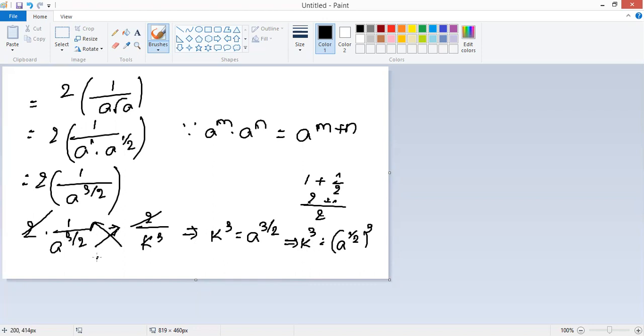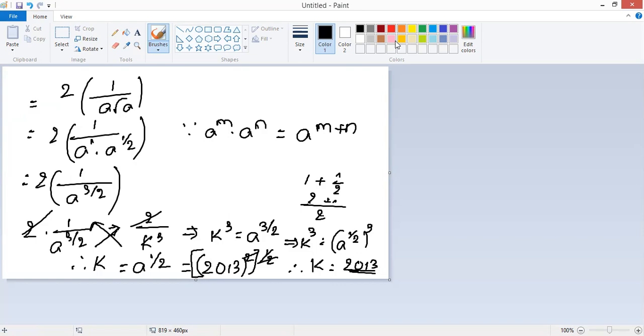Therefore, k is equal to a power 1 by 2. We know the value of a is 2013 square, whole power 1 by 2. 2 and 2 cancel. Therefore, the value of k is equal to 2013. Hope you all understood the solution. Thank you.